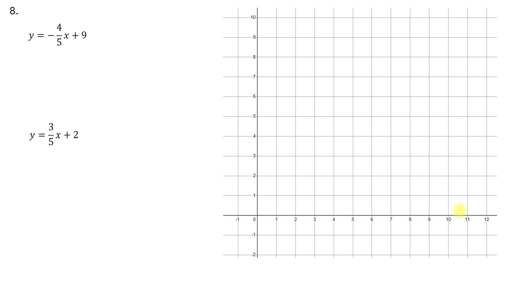Y equals -4/5 x plus 9, and y equals 3/5 x plus 2. So in question 8, we're given two equations and asked to plot and graph these two equations on the same xy plane, or Cartesian plane. We'll start with the first one.